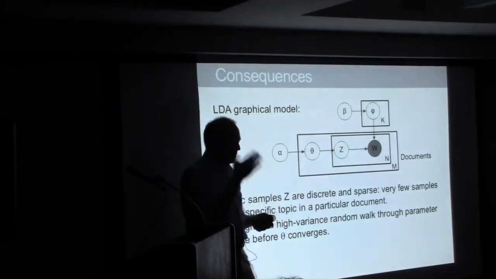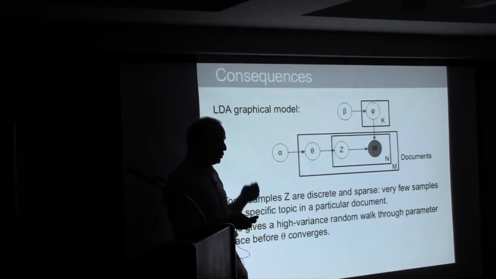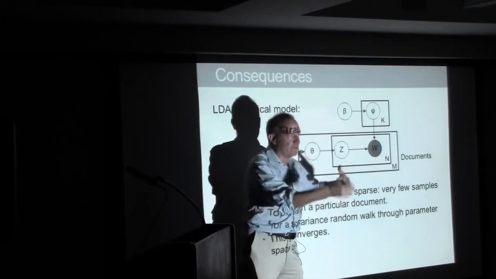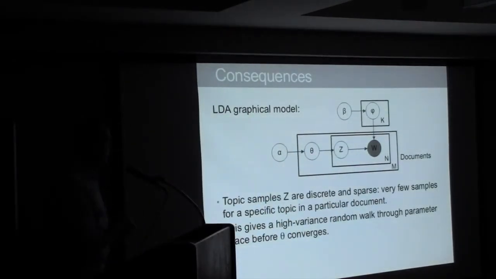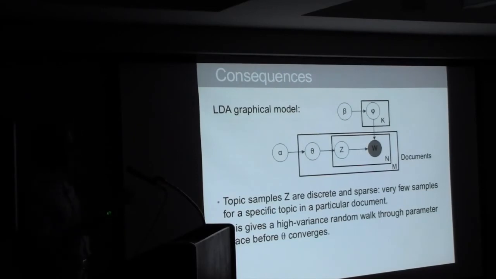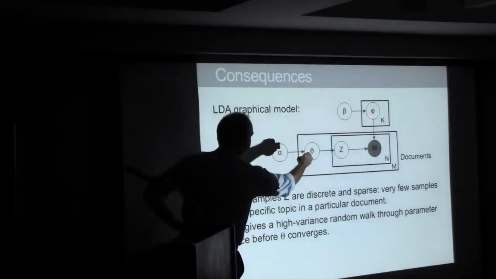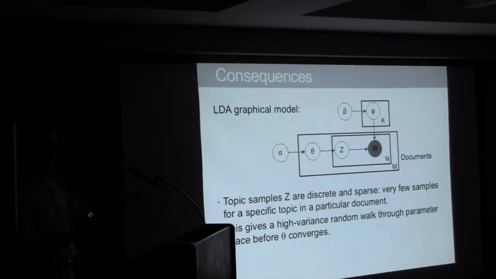Z is then, in this model, a specific topic assigned to each word, and the word itself is given the topic. That's the model for generating the document. The Gibbs sampler basically samples from all of the latent variables in alternating fashion, and somehow it's slow. So why could it be slow?